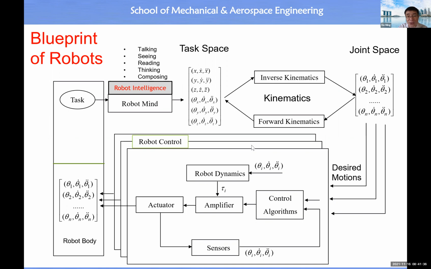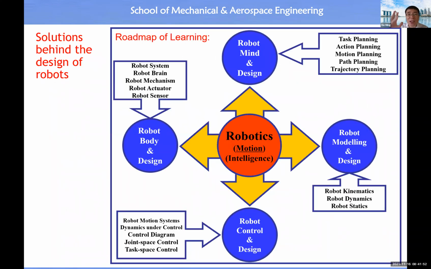So you will see these are 4 major modules which are present in the generic blueprint of any robot. Then how to implement this blueprint? Then you need to have knowledge behind the design of the blueprint. So I categorize all the relevant knowledge into these 4 modules.